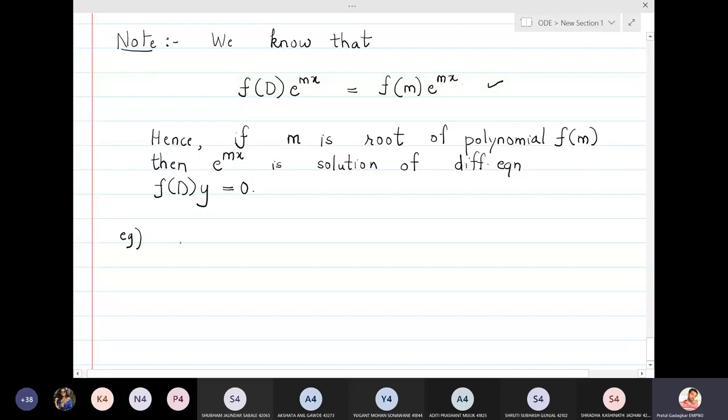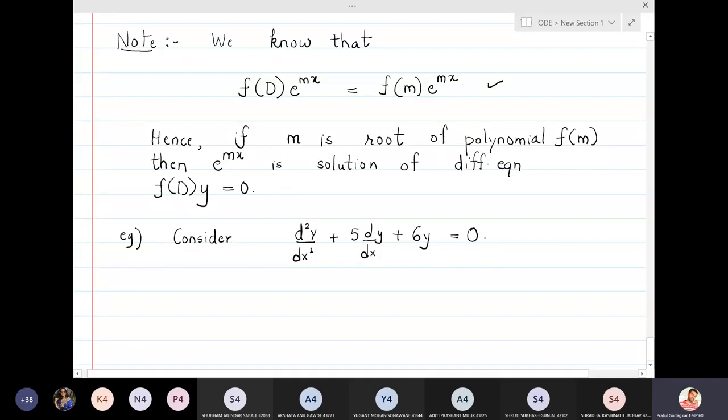So consider d2y by dx square plus 5 dy by dx plus 6y equal to 0.